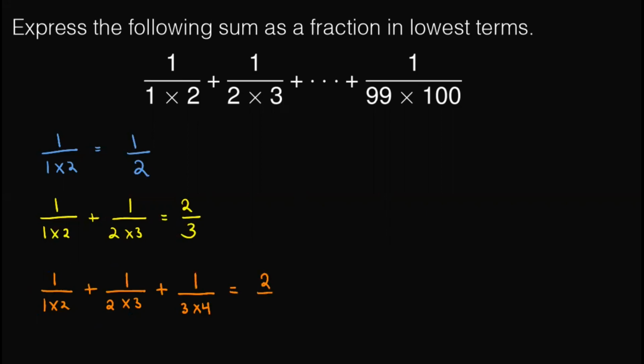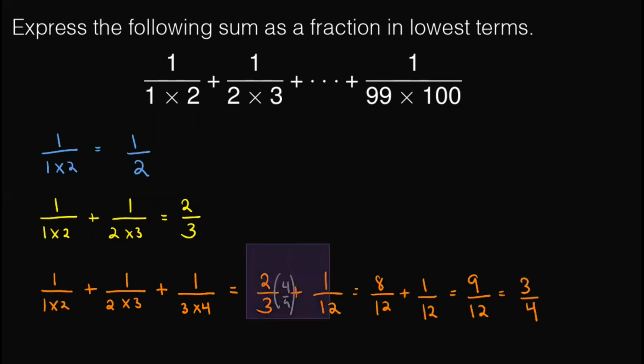So we have 2 over 3 plus 1 over 3 times 4, which is 12. We can multiply 4 over 4 out here. So we will obtain 8 over 12 plus 1 over 12. Adding these two, we'll have 9 over 12. Simplifying, this one is simply 3 over 4.